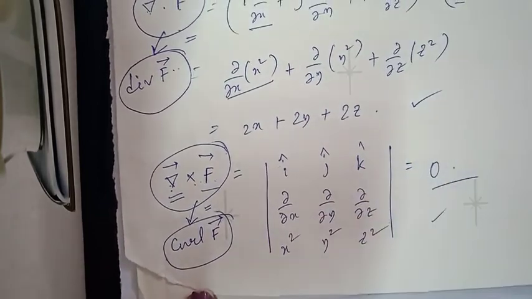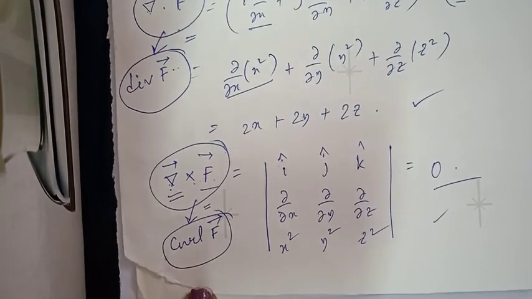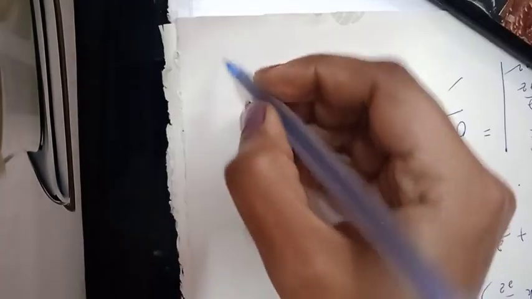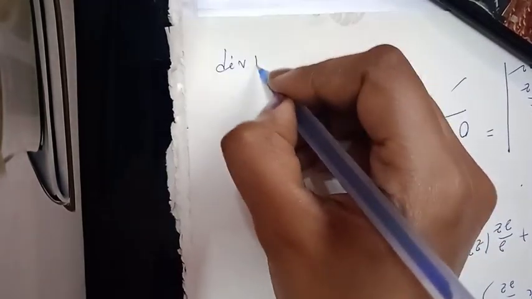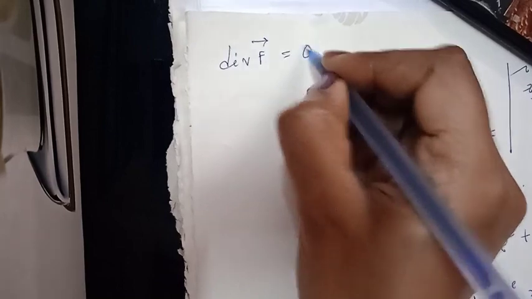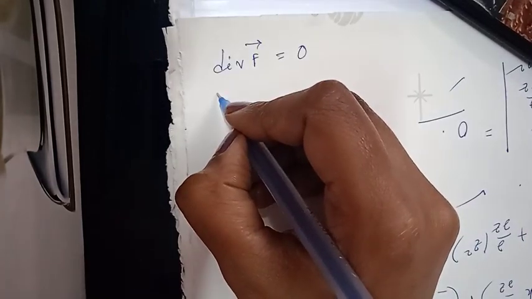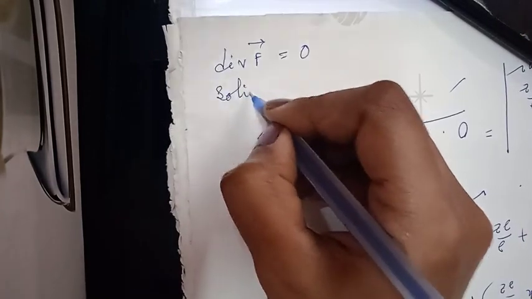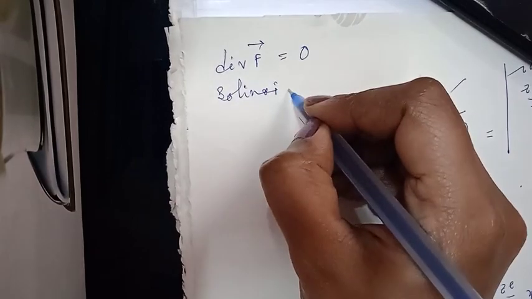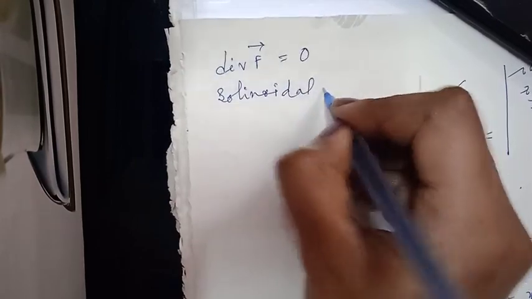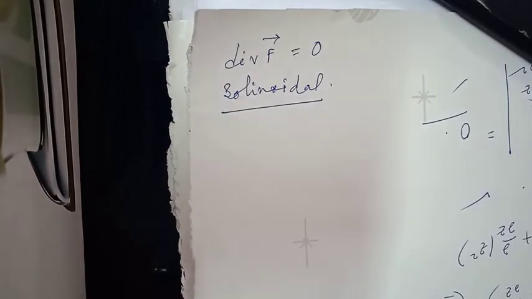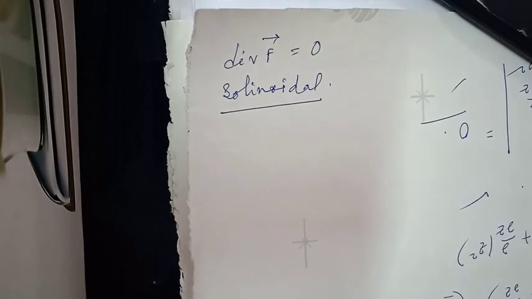Okay, now sometimes we check that this divergence of f becomes 0, then the vector is said to be solenoidal. So what is the definition of a vector function being solenoidal? The divergence of f must be equal to 0.